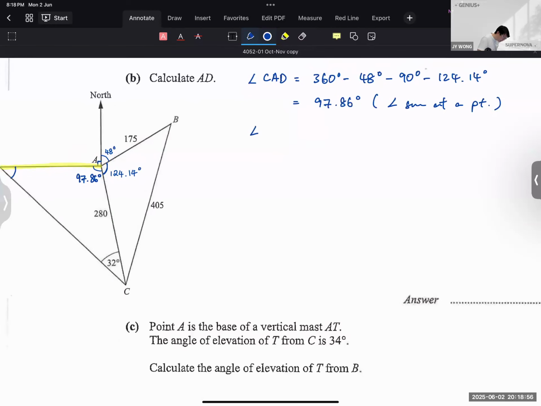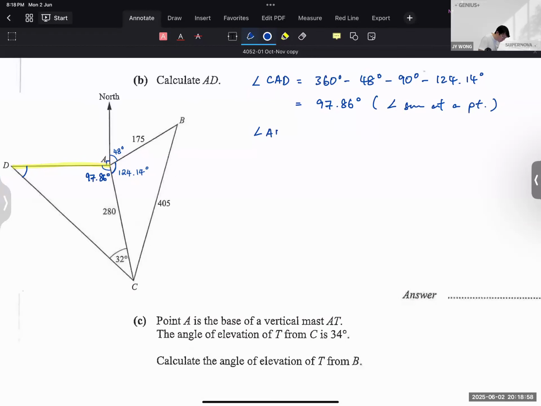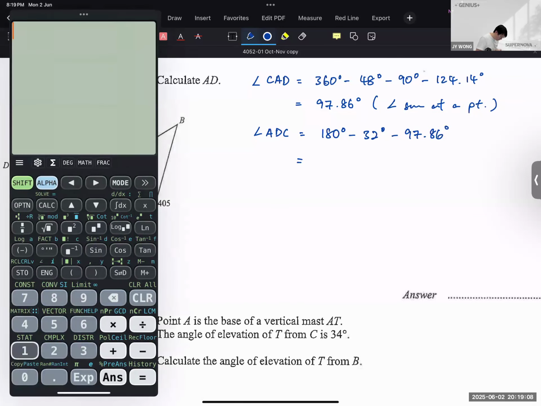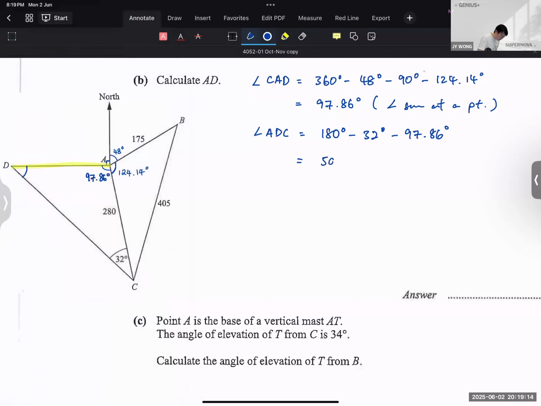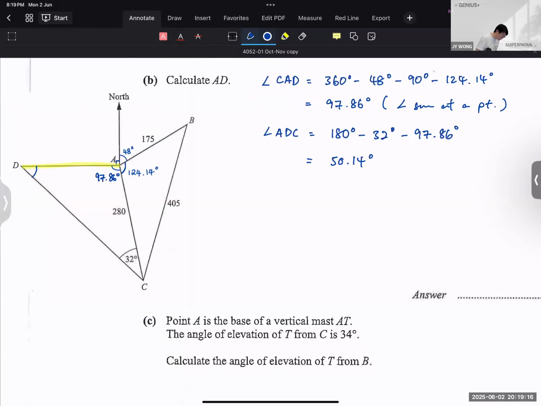So once I find CAD, I can now go and find angle ADC, which is 180 minus 32 minus 97.86 to give me 50.14 degrees.